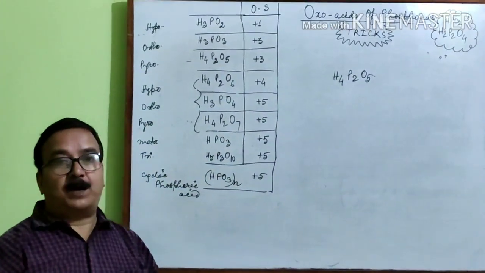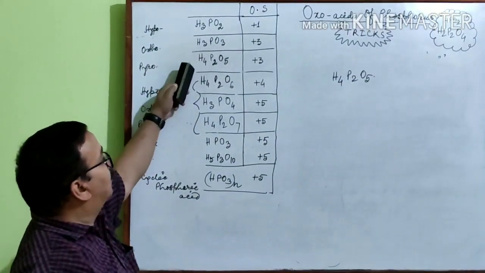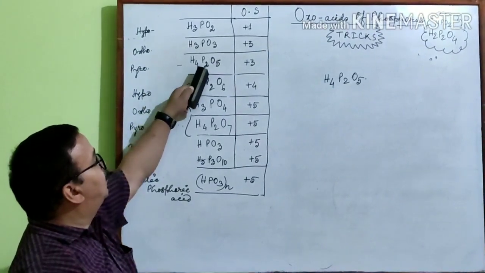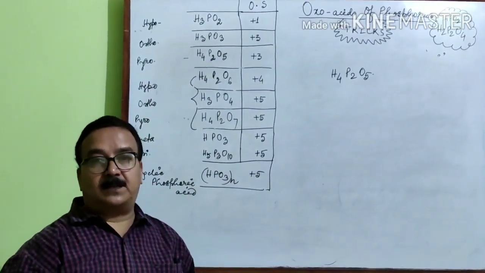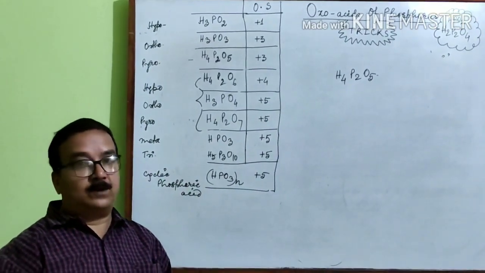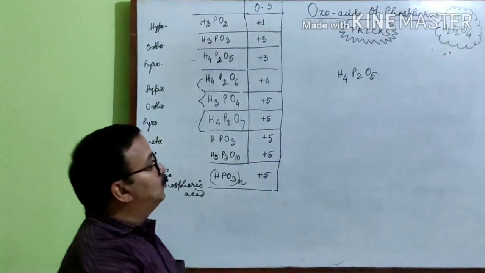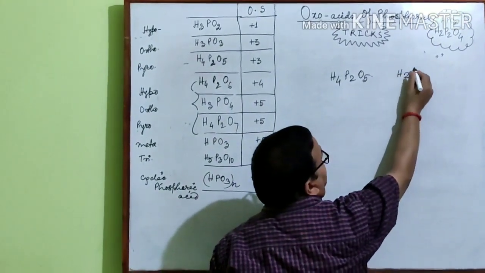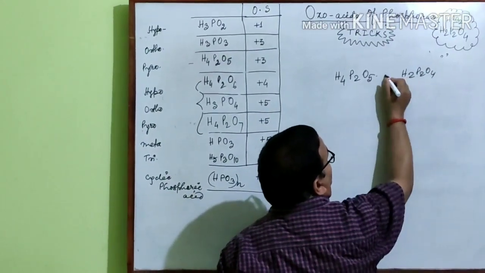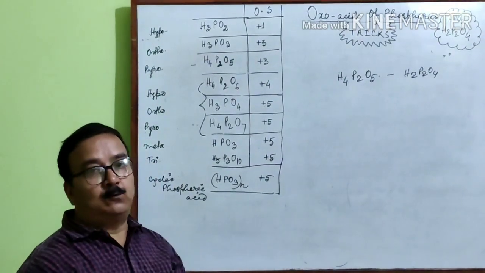The next acid is pyrophosphorus acid. The formula of pyrophosphorus acid is H4P2O5. How many phosphorus atoms are there? 2. So what will be the basic unit here? It is H2P2O4. This one is the basic unit. So subtract the molecular formula by H2P2O4.